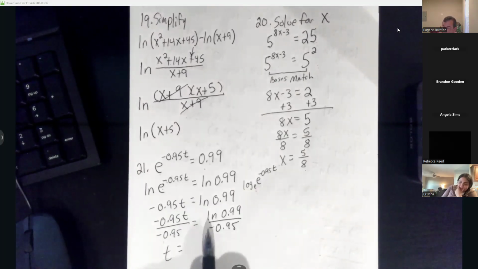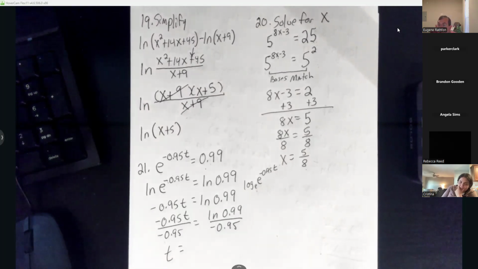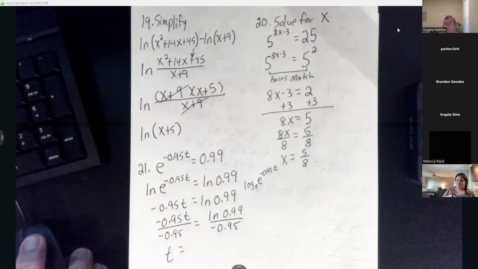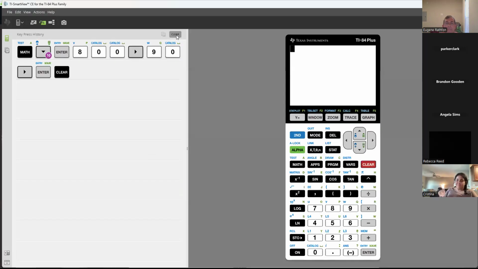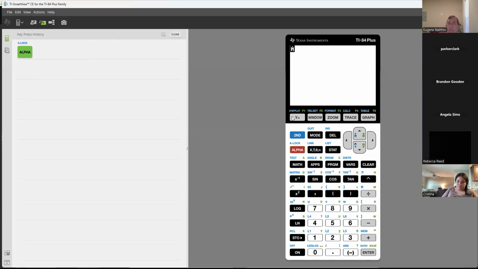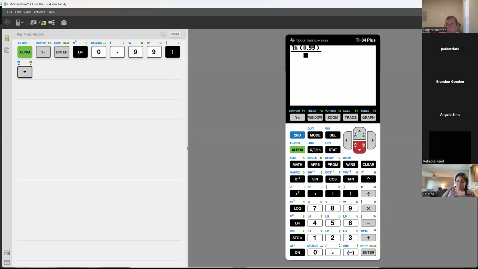Since this is a logarithm, we need to round this to 4 decimal places. So for that one, I'm going to my calculator. I'm going to clear all that. On top, I'm going to make this look like a fraction by hitting alpha, y equals, and enter. On top is ln 0.99. I'm going to close that and arrow down to the bottom, which was a negative 0.95.